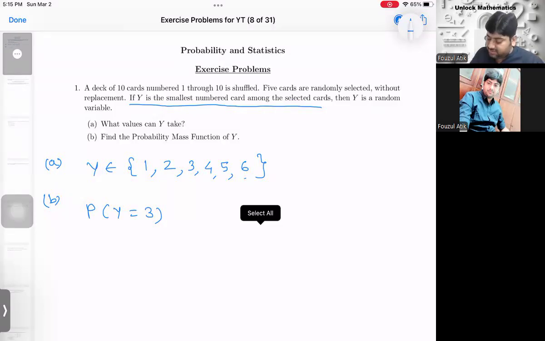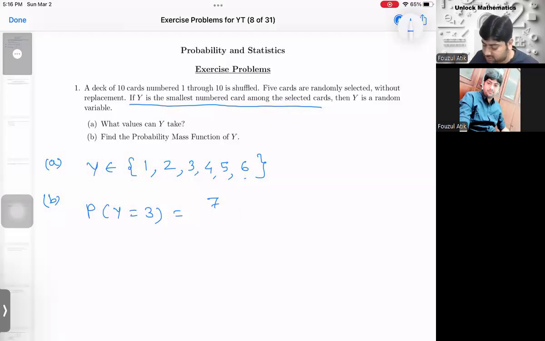If the smallest card is 3, then the other 4 cards can be numbers 4, 5, 6 to 10, any number. How many such numbers are there? The other 4 numbers can be one of 4, 5, 6, 7, 8, 9, 10. So there are 7 possibilities, and out of these 7 cards you have to choose 4.